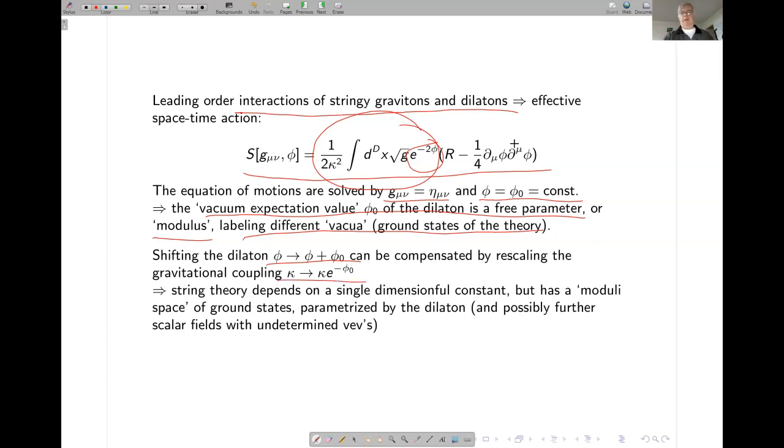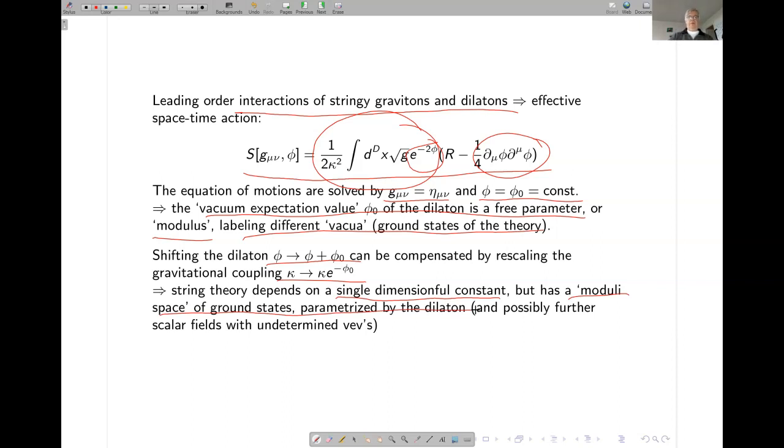And you see here all other terms in the action only contain derivatives of phi, so a constant shift will not have any effect there. And that means that we have in string theory one single dimensionful constant, which we could take to be either alpha prime or kappa. And that has a whole moduli space of ground states which are parametrized by the dilaton.